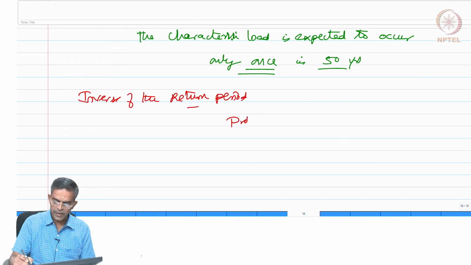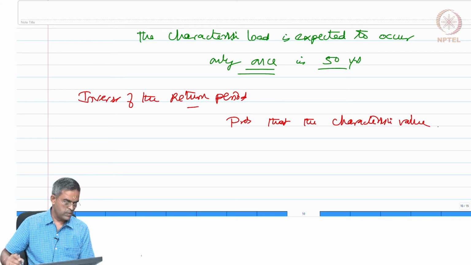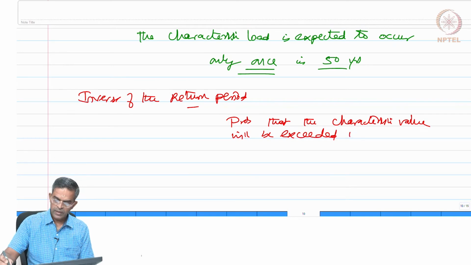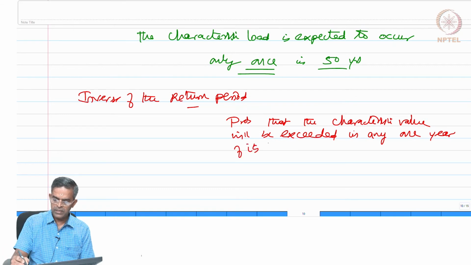This is the probability that the characteristic value will be exceeded in any 1 year of its application.